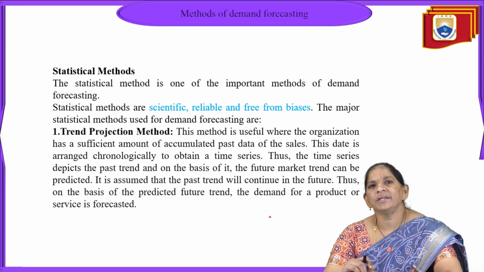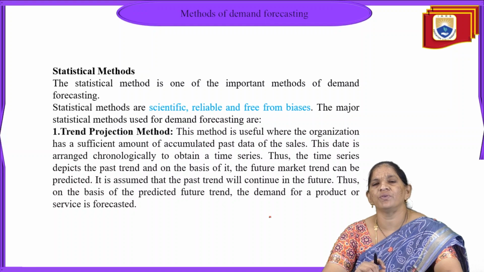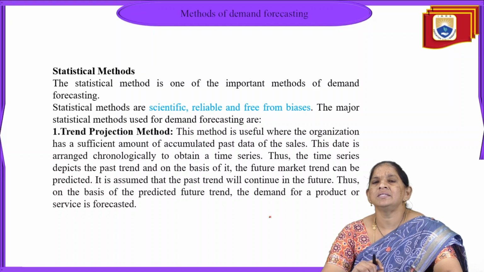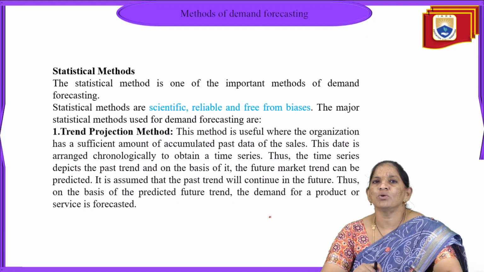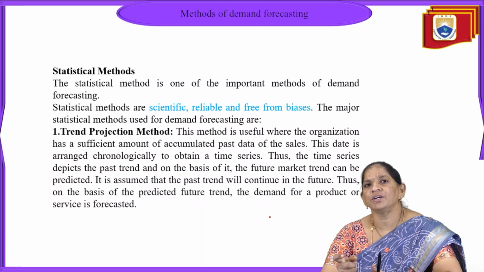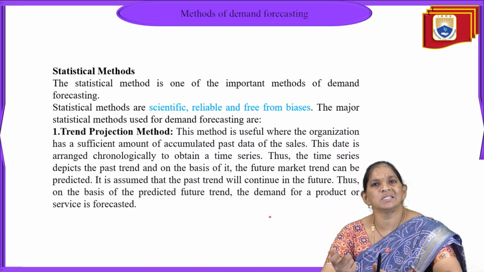So under quantitative methods, we come under the statistical methods of analyzing the demand. This statistical method is one of the important methods of demand forecasting. Why? Because statistical methods are scientific methods where they have to justify with the help of formulas, rules and regulations.